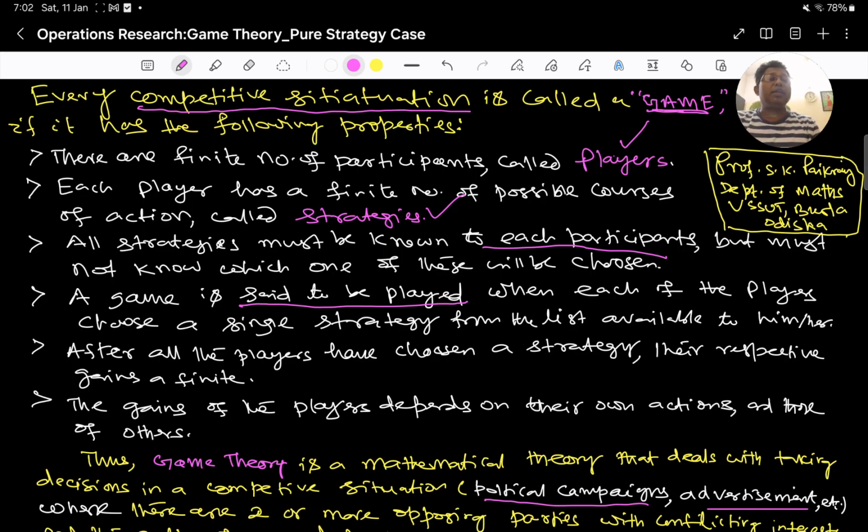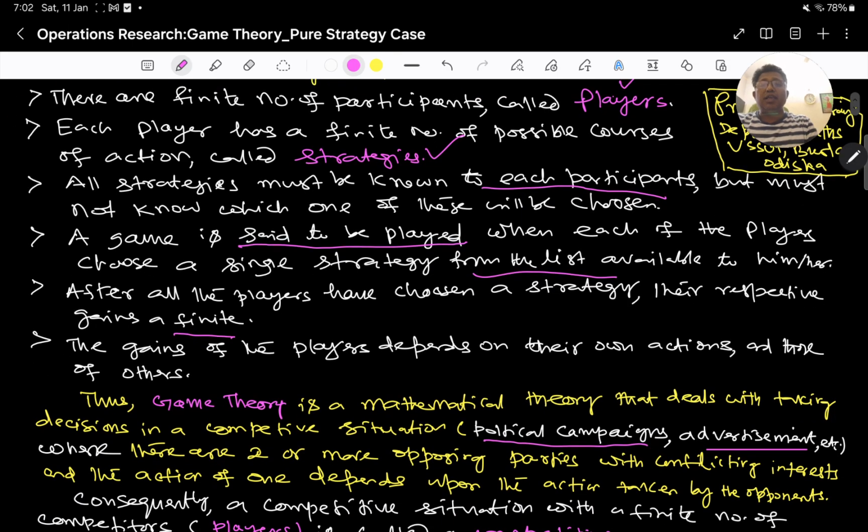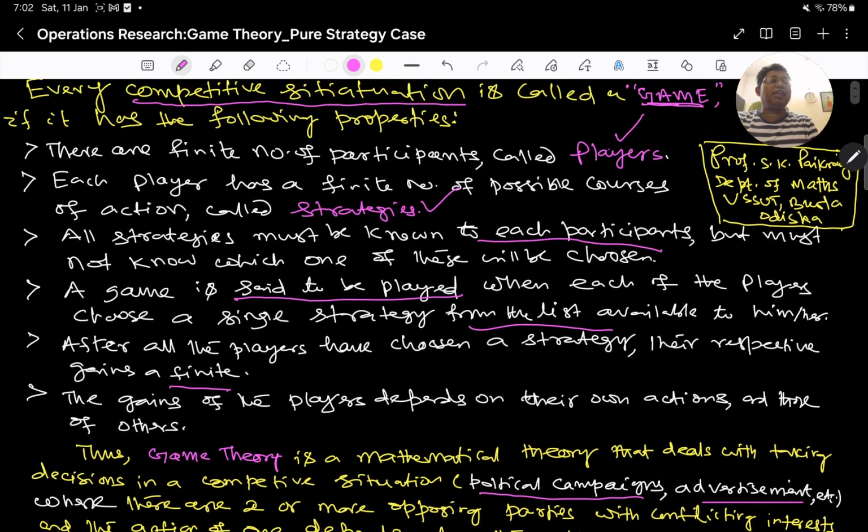A game is said to be played when each player chooses a strategy from the list of strategies available to them. After all the players have chosen a strategy, their respective gain is finite. The gains of the players depend on their own actions and that of the others.